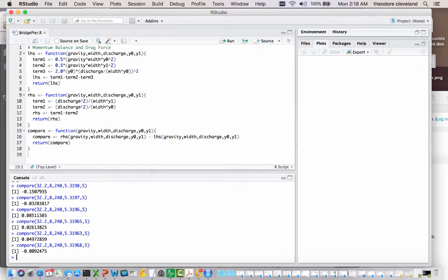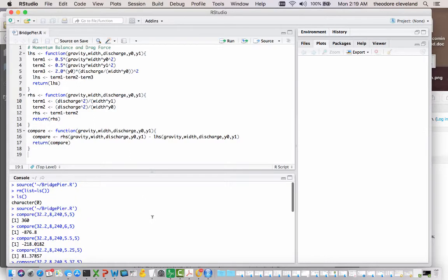Yeah, that's good enough. 5.31968. Let's call it 5.32. And so now we have the correct approach depth, which is 5.32. Let me go ahead and list the results here.